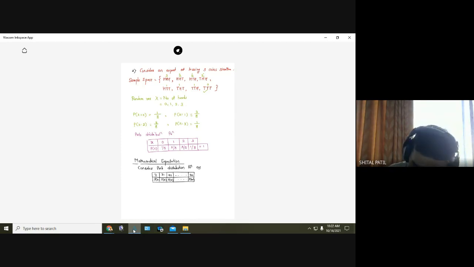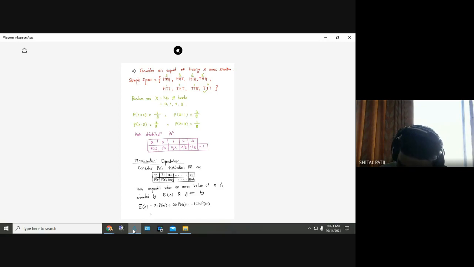Then the expected value or mean value of x is denoted by E of x and given by x1 p of x1, x2 p of x2, and so on, xn p of xn.